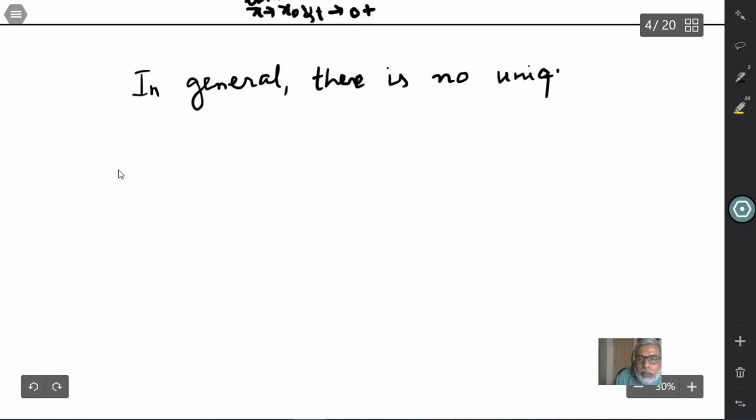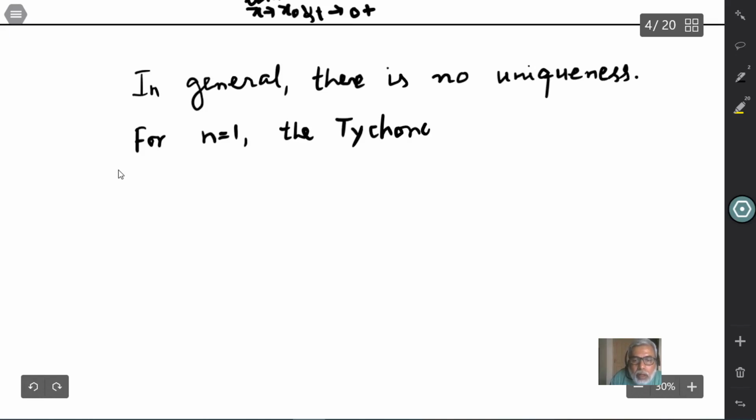For the case of n equal to 1, we exhibited the Tychonoff example.